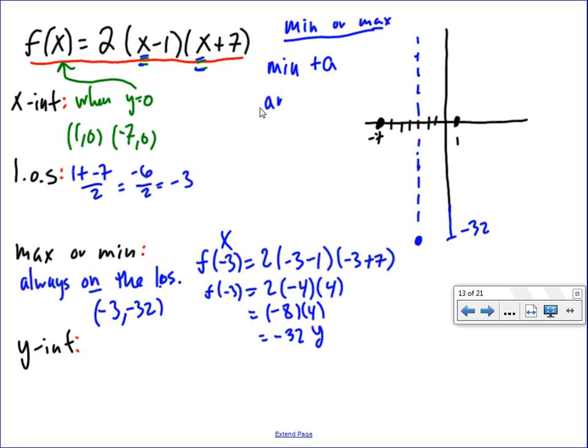If it's going to have a maximum, you just got to think that, well, then it would have to open down, kind of have that frowny face. That would have a negative a value. So a positive a value is going to open up. You're going to have a minimum. A negative a value is frowny. You're sad. You've got a frown. That will have a maximum. So my minimum in this case is at negative 3, negative 32.